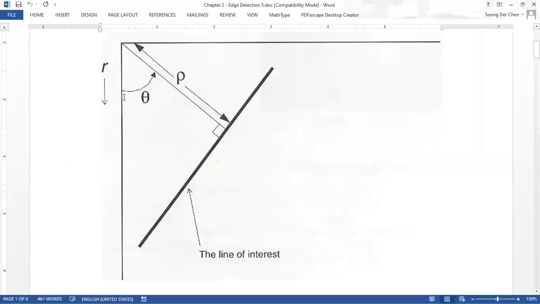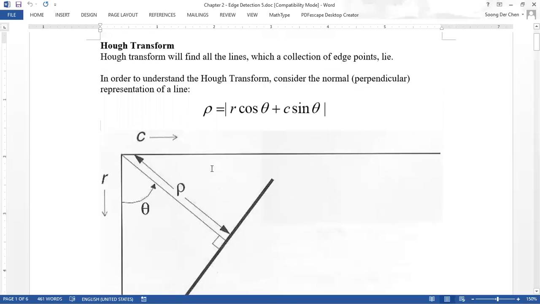Here we have 2 parameters: theta, which is the angle relative to the vertical axis r in the anti-clockwise direction, and rho, which is the distance from the origin, perpendicular to the line of interest.